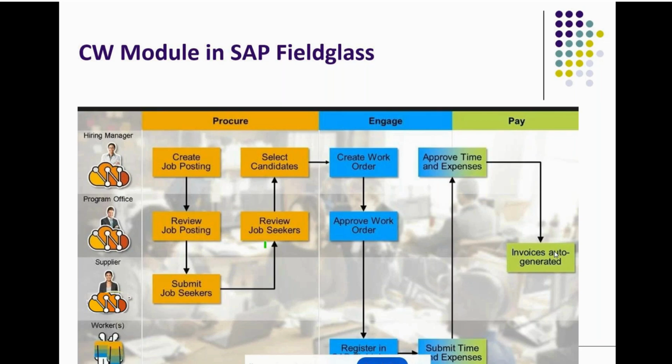If I am running a project, I'll hire a few candidates only on a contract basis to complete it. If my project is done, I'll let them go. This is the model currently running very strongly in the US and UK. They're only hiring on a contract basis with the CW module.